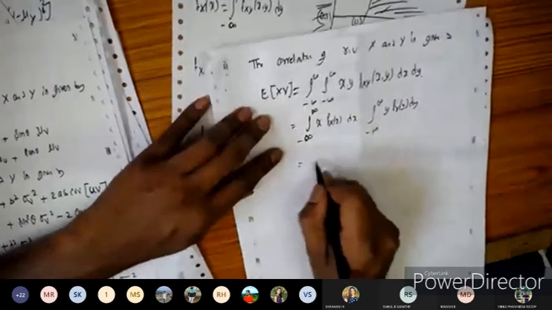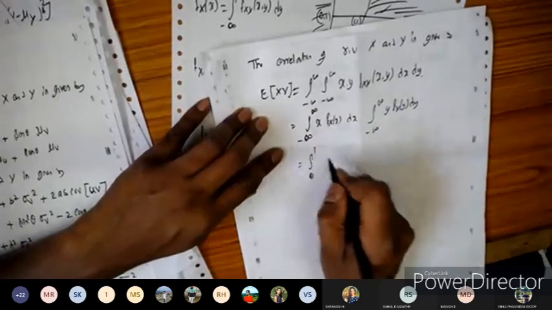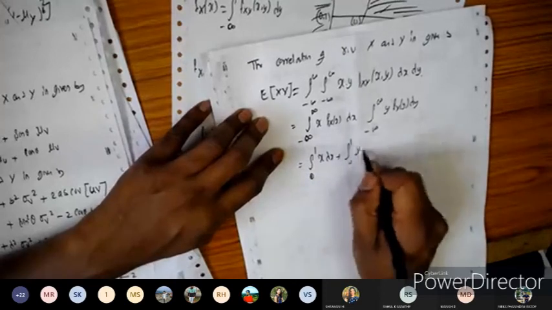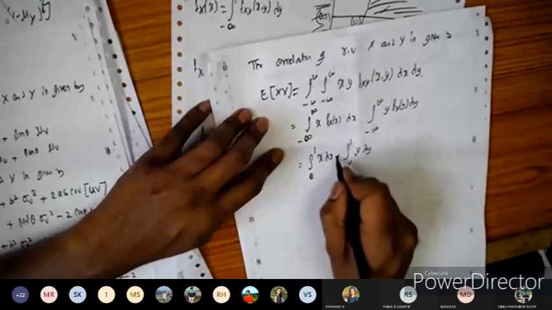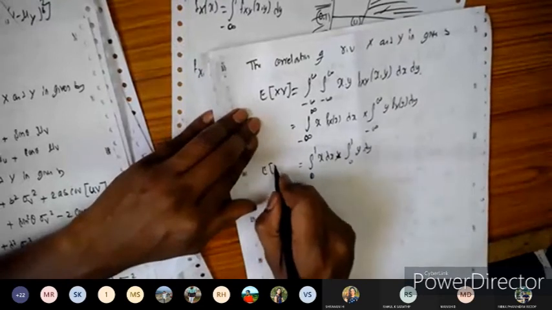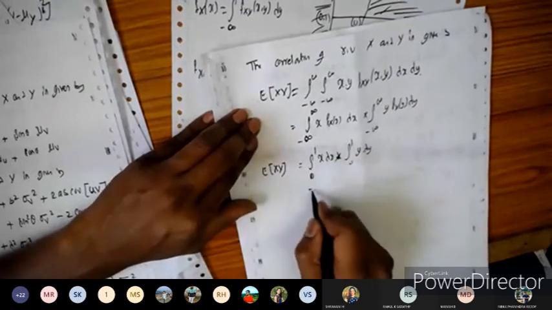Or straight away we can write this expression: 0 to 1 x into dx, not plus, it's a product here, into 0 to 1 y into dy. That is the correlation between the random variables x and y.